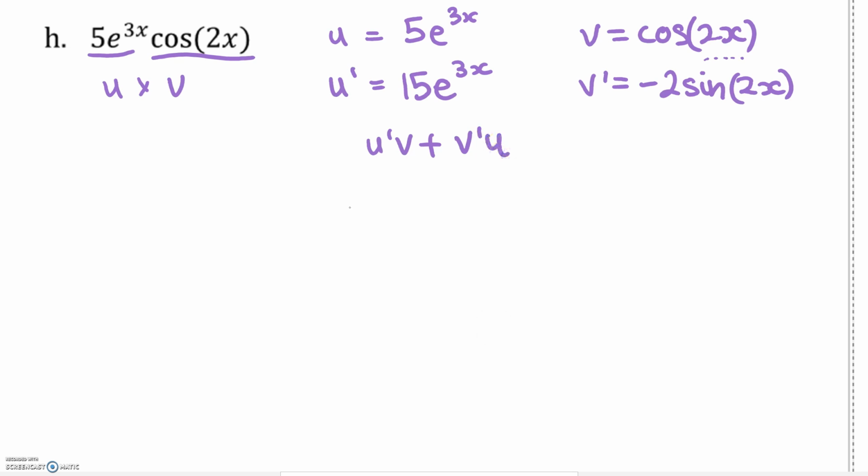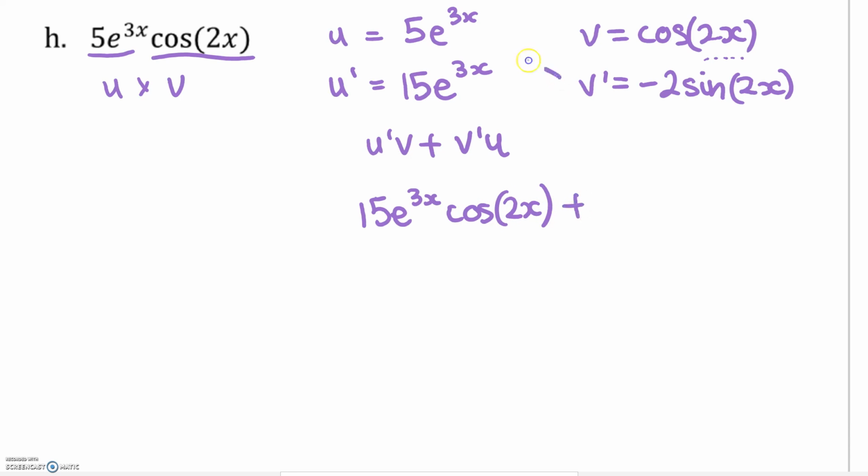So we get u dash v, this times by this, so we'll get 15 e to the 3x times by cos 2x plus v dash u. So we'll actually get, take away 10 times e to the 3x times sine 2x.